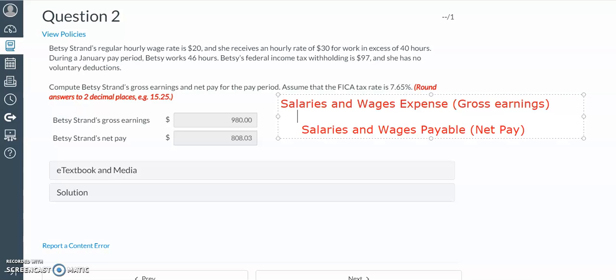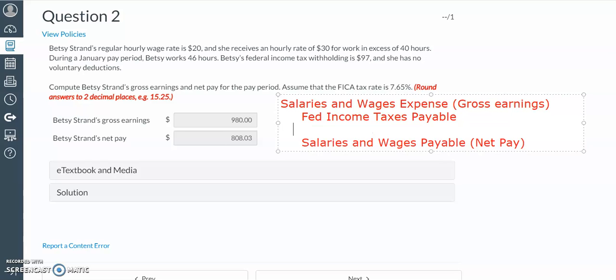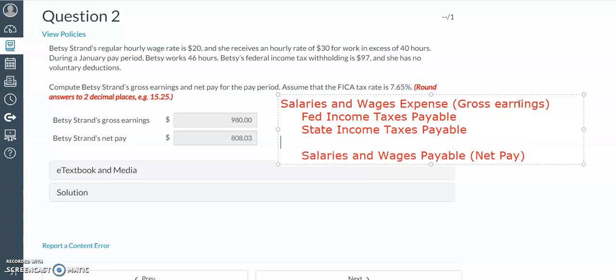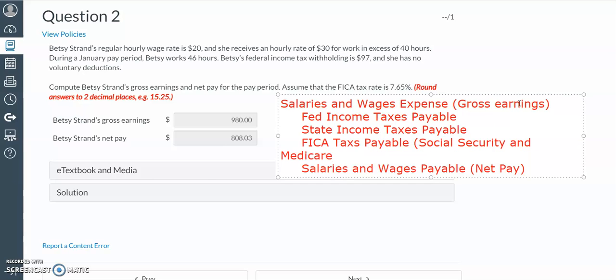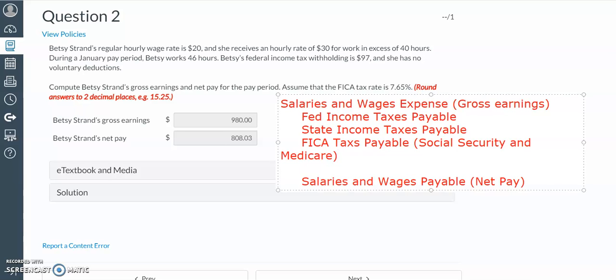And the other things that are deducted from an employee's paycheck will include federal income taxes payable, state income taxes payable, and then we have FICA taxes payable, which is basically going to include your Social Security and Medicare, and the state disability insurance.